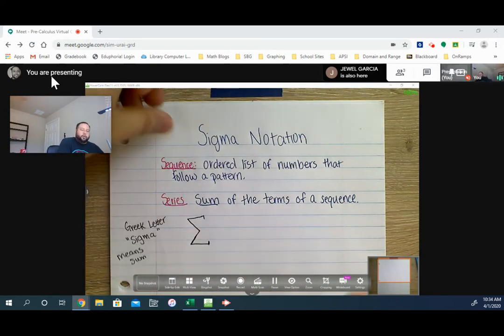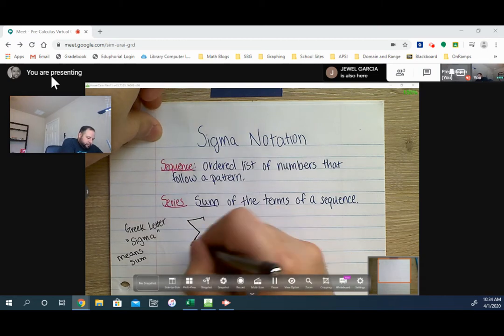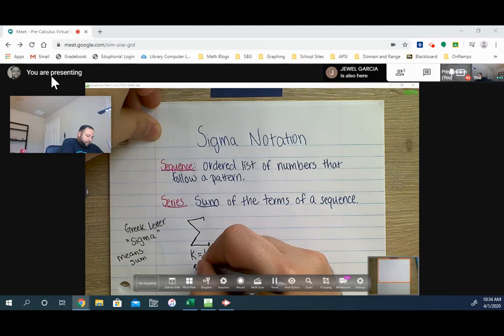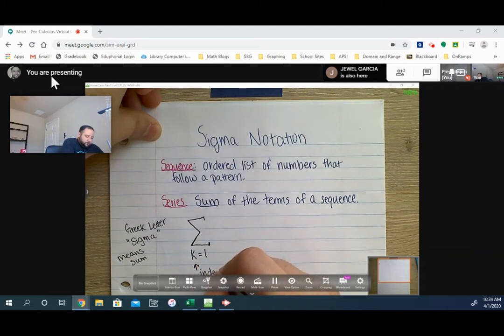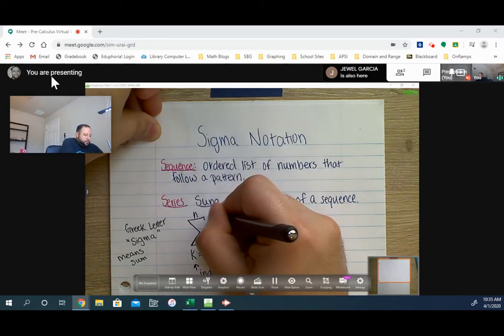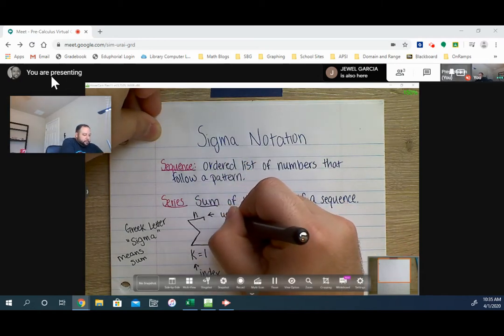And then you have your index. And then you have your upper limit, which goes up here. So this is your upper limit.